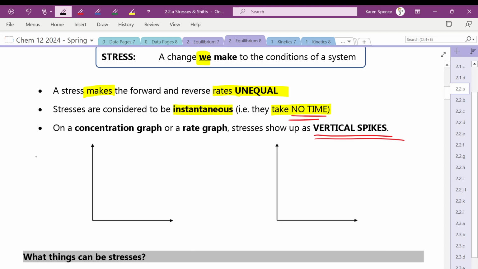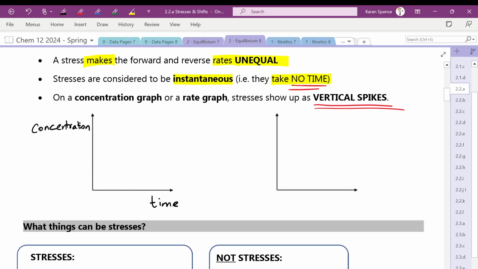Concentration versus time. That is a concentration graph. Now let's assume that we are talking about, and actually let me just check and make sure I'm doing this the right way so I'm consistent between the two classes.